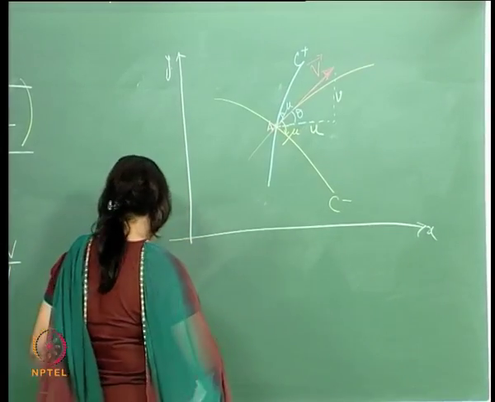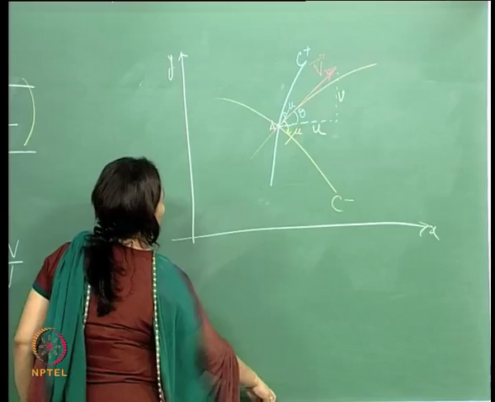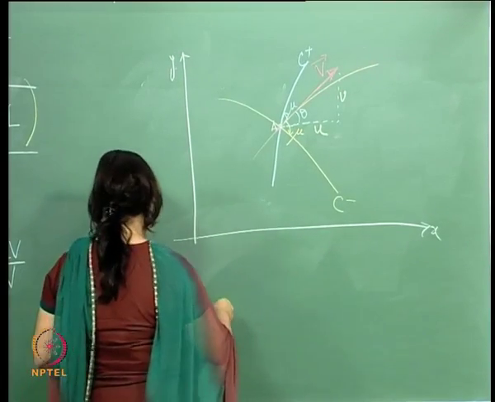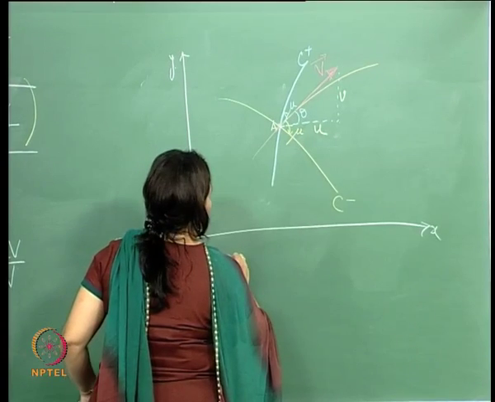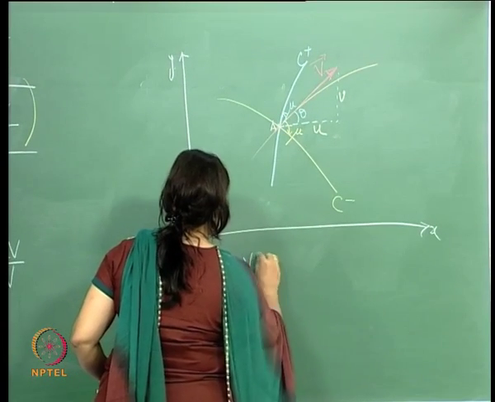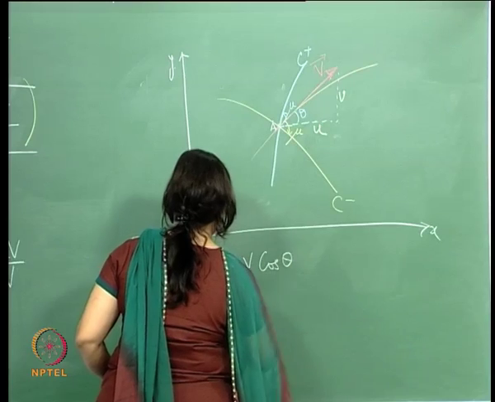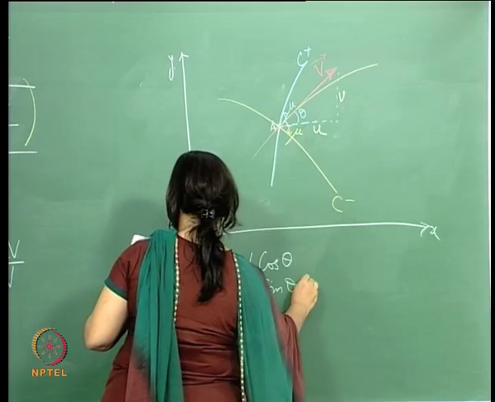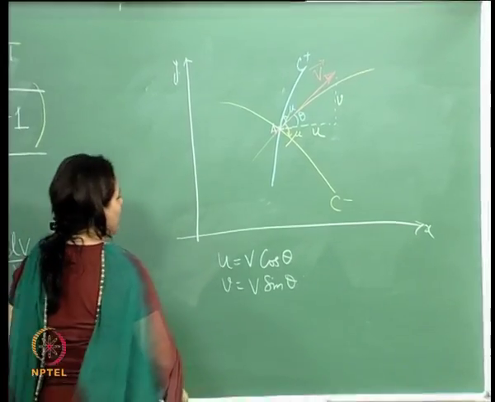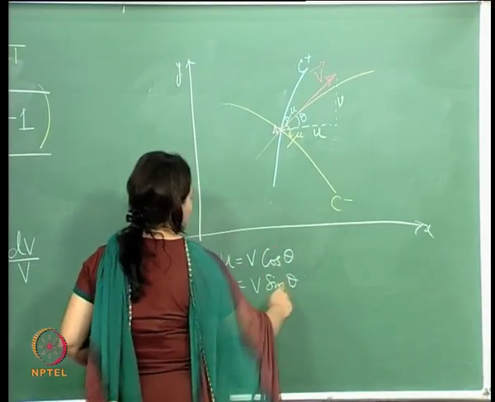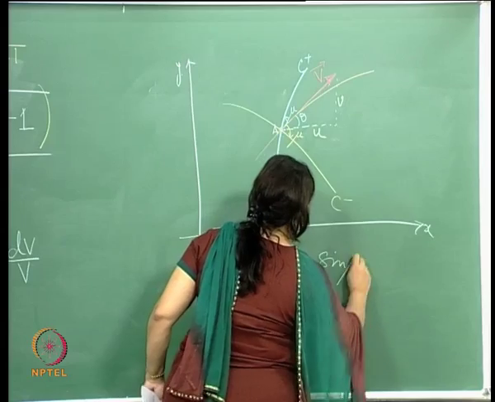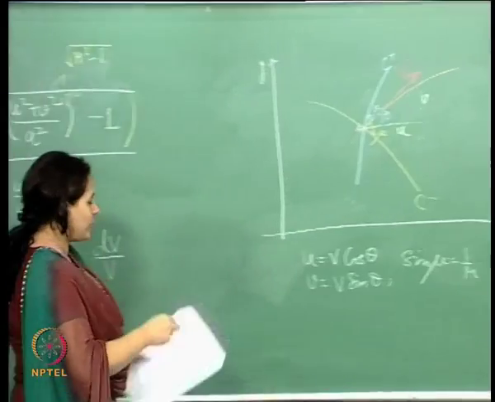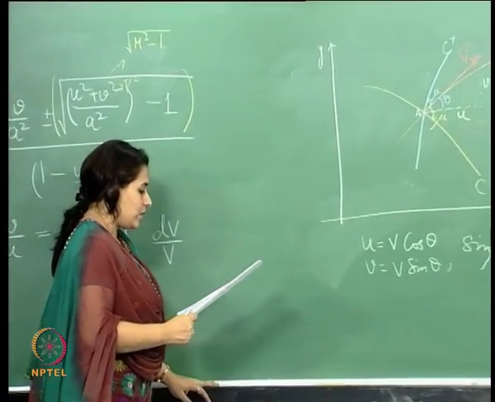If I do that, then what I can write over here, if I look at this picture, is that u is equal to v cos theta and v is equal to v sin theta, and this is something that we can see from here as well.